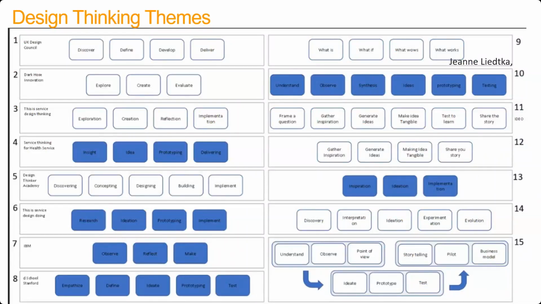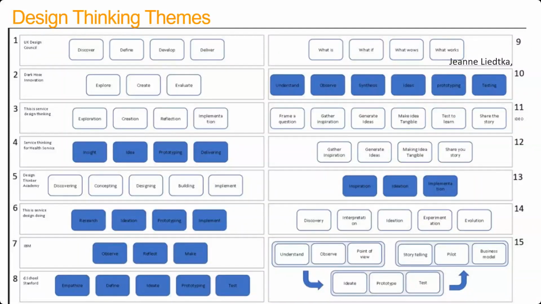But I did my research around 15 themes of design thinking, let's say, by big companies, either consulting or technology or software companies, and how they do it. Some of them use it internally or externally. And I want to mention one of the very famous books from Dr. Jane Liedtka. As you can see on the right-hand side above, there are 4 steps as she defined design thinking. It is the problem.